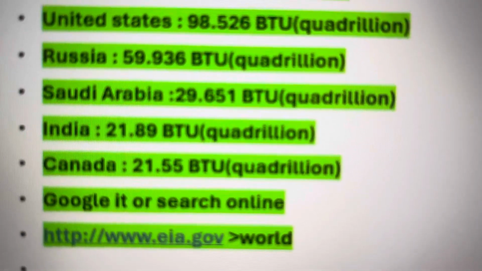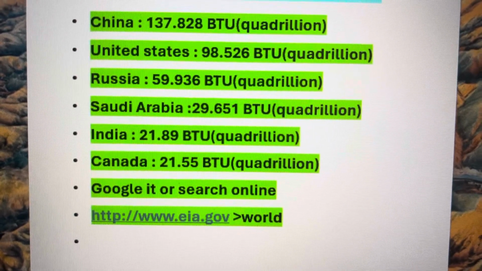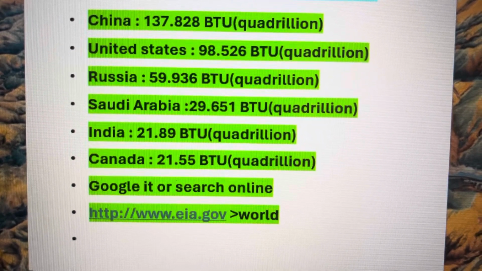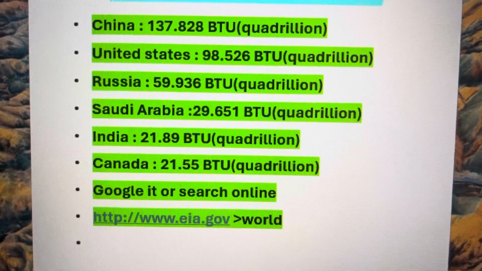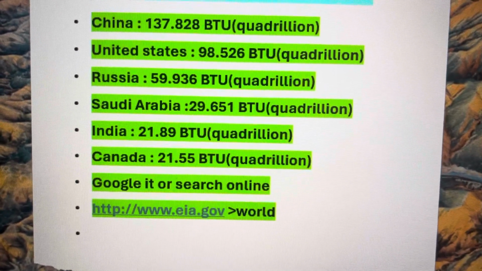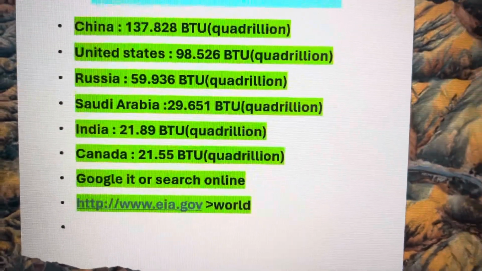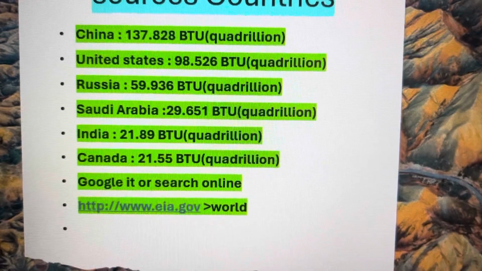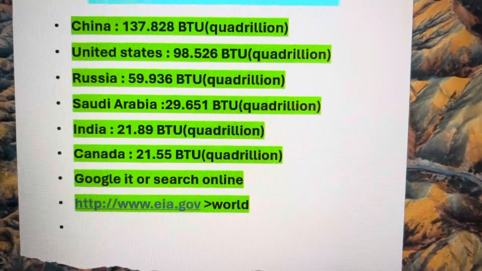Third is Russia, then Saudi Arabia, India, and Canada. Canada is at 21.55 quadrillion BTU, number six. So these are the top six energy producing countries from fossil fuels and other renewable resources they are using.